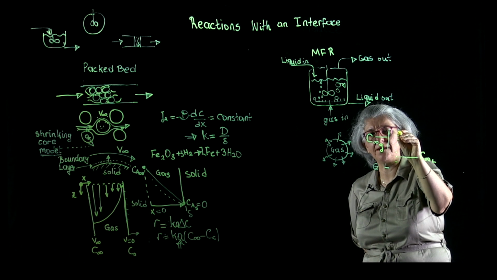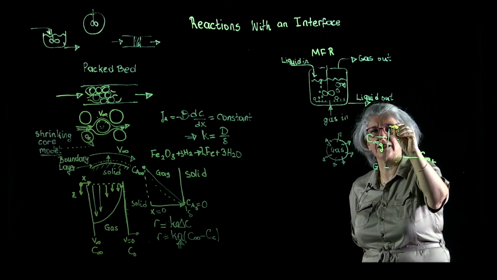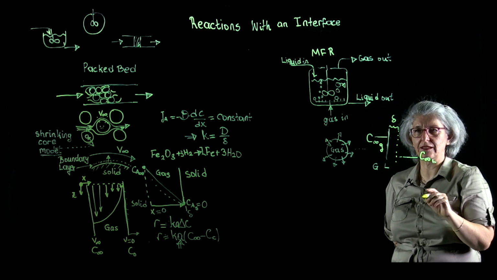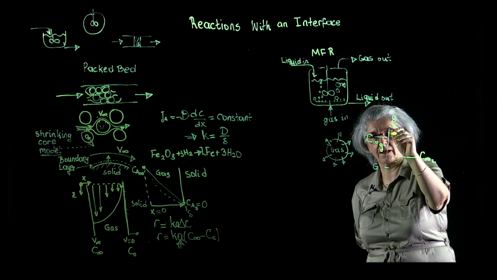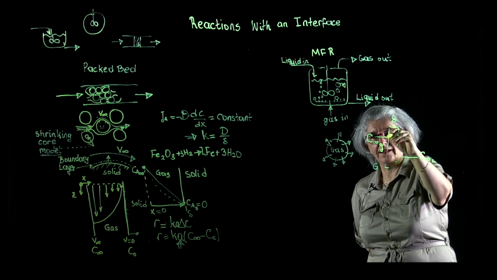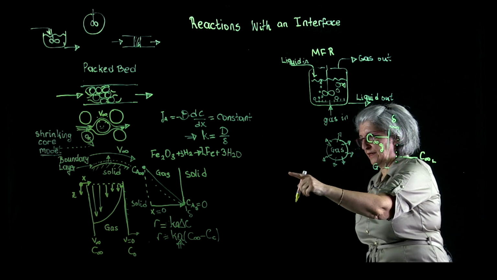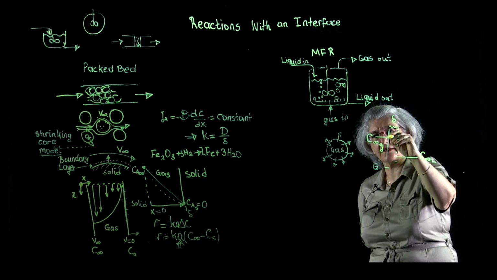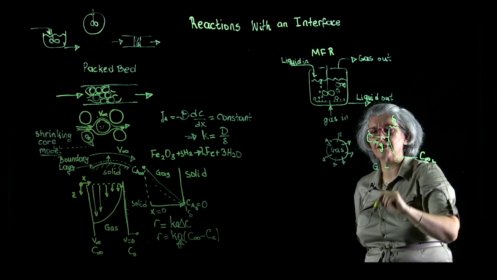And here we have the boundary layer within the liquid domain. Again, from the two-film theory, constant molar flux gives us a flat concentration profile.